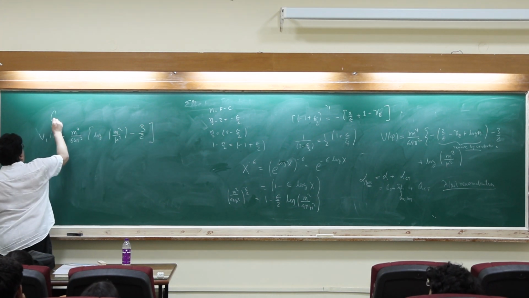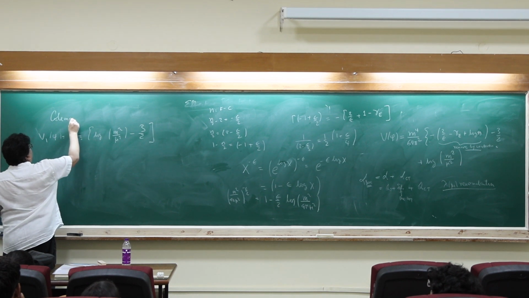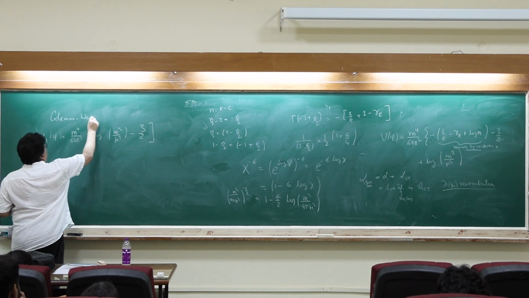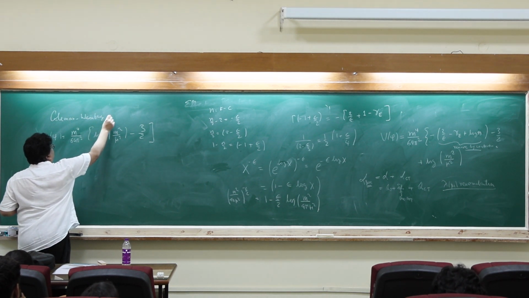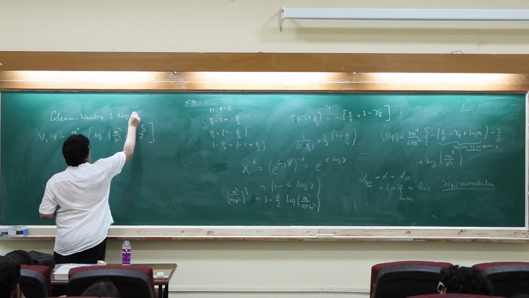And this is what's called the Coleman-Weinberg one loop potential.